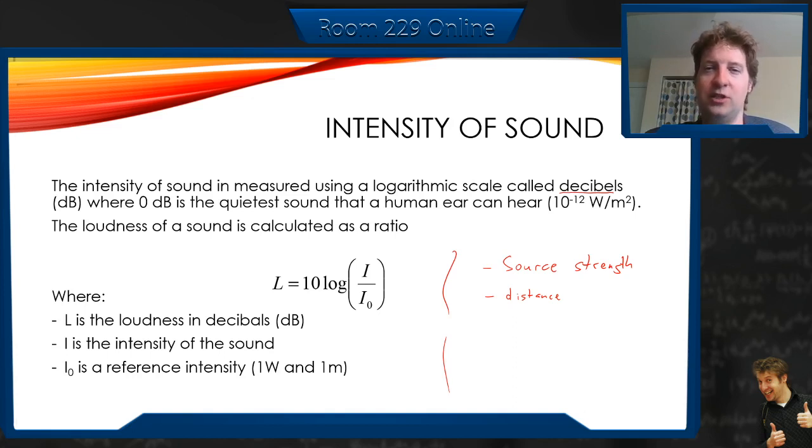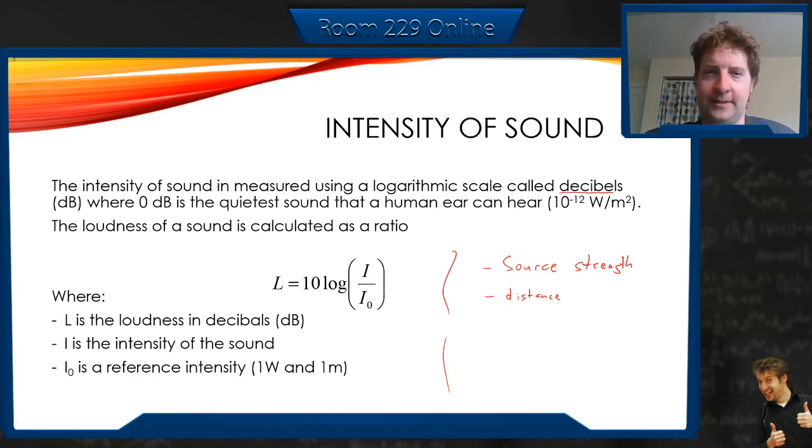We use log scales when we need to deal with a very large interval of measurements, a large number of orders of magnitude. For example, another logarithmic scale is the Richter scale for how strong an earthquake is. The reason we use that is because we're actually looking at the exponent.